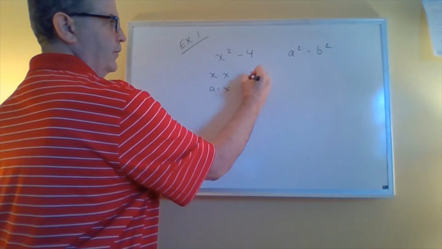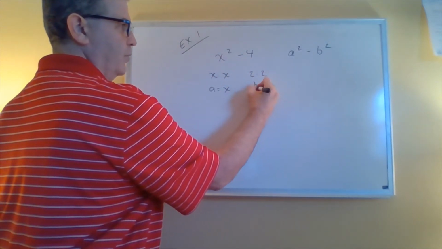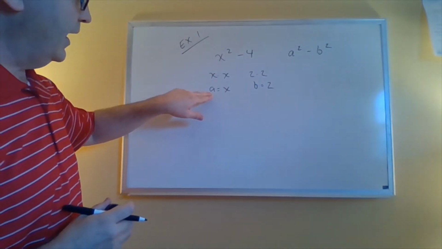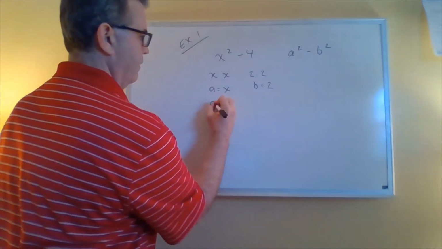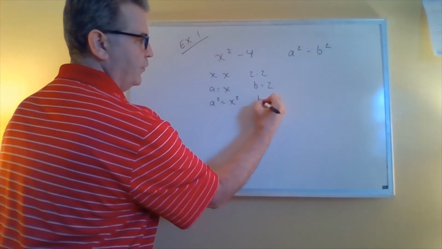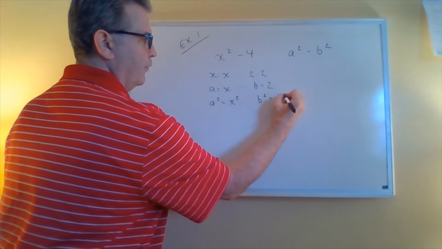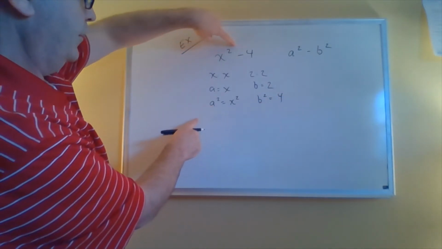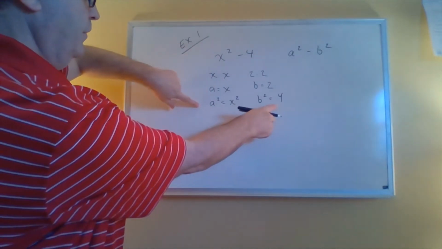What was 4? That was 2 times 2. So in this case, our b is going to be 2. Now, what do I mean by that? Because a squared is x squared, right? And b squared is 2 squared, or 4. So you can see how we have a squared minus b squared, x squared minus 4.